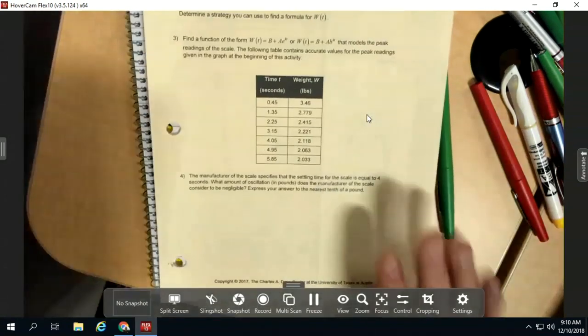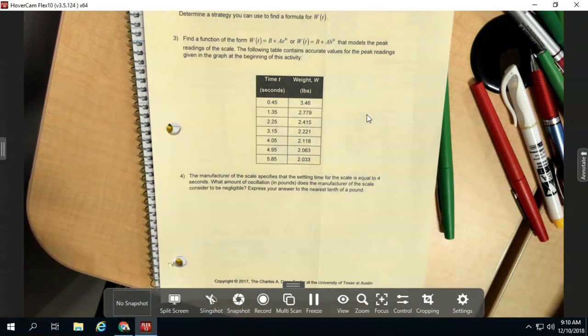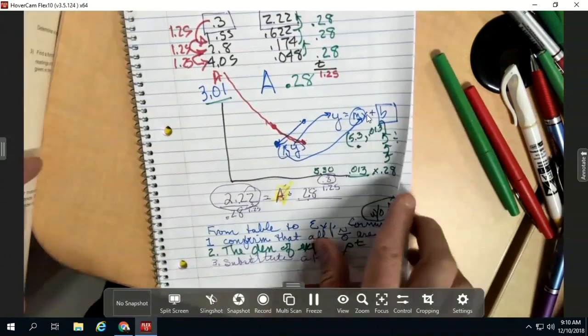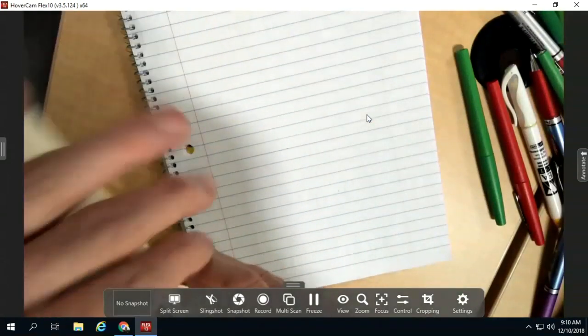So when you go through this, in order to have the math work out, I would like you to add another column to the table.